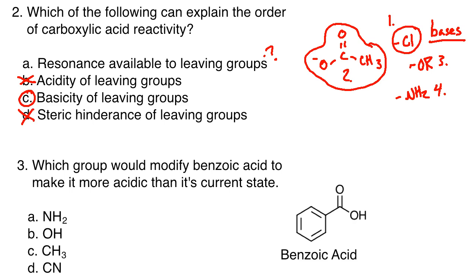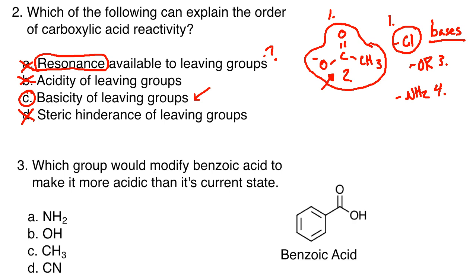Now, does resonance affect this? Yes, because this resonance is allowing this to become what? A weaker base. So it's really the fact that it's a weaker base due to the resonance. Okay, the resonance is kind of an underlying factor. Because if it was only resonance that was explaining the reactivity of the leaving groups, the anhydride would be number 1 because it has resonance, and all of the other leaving groups would be tied because they don't have resonance.